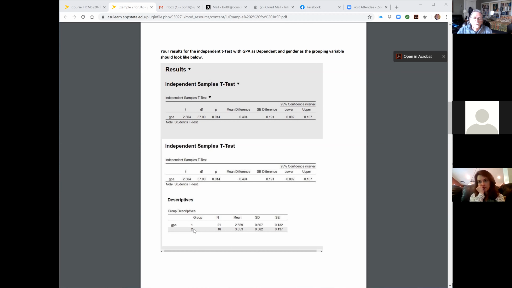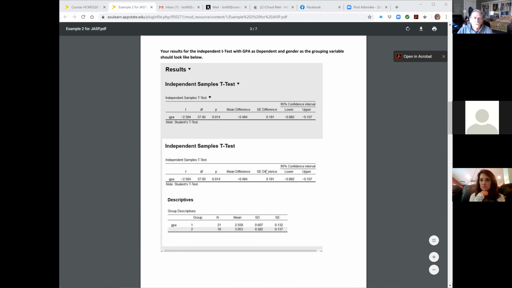Or we could say that females have a significantly higher GPA than males in this sampling. Or we could simply say males and females are significantly different on GPAs. And all 3 of those would be reasonable outcomes from this data.